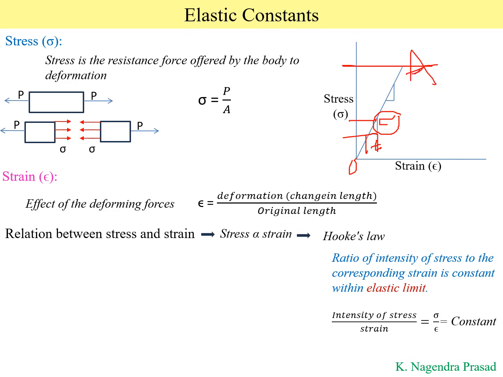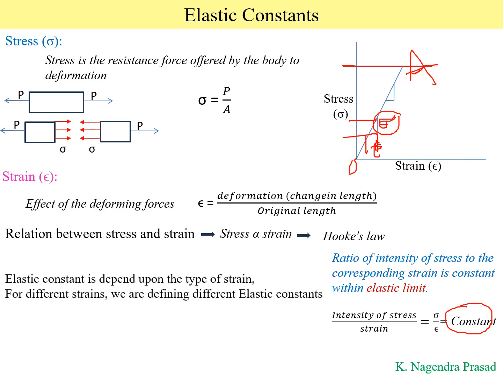Within the elastic limit, the ratio of the intensity of stress to the corresponding strain should be constant. It's nothing but sigma divided by epsilon equal to constant within the elastic limit. This constant we call the elastic constant.